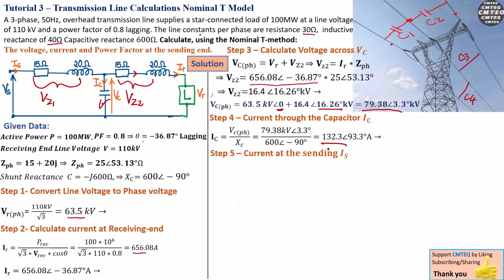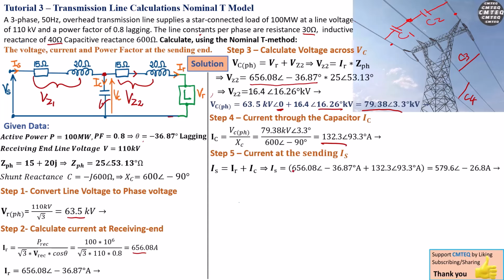Continuing, step 5. Since we now found this current, again by Kirchhoff's current law, I sending must be equal to the sum of the current leaving this particular node, so that is IC plus IR as per the previous tutorial.